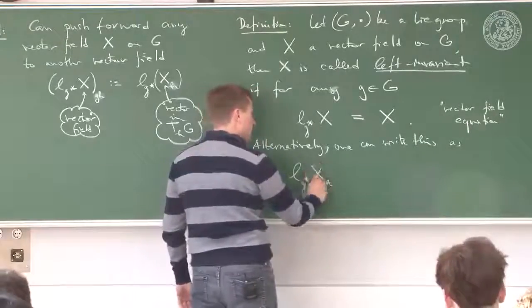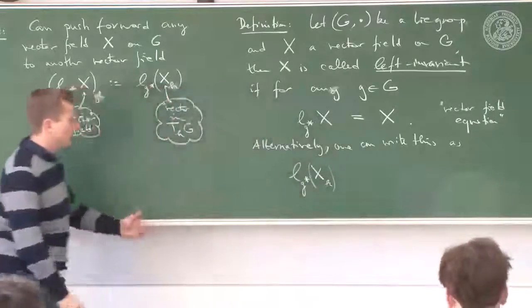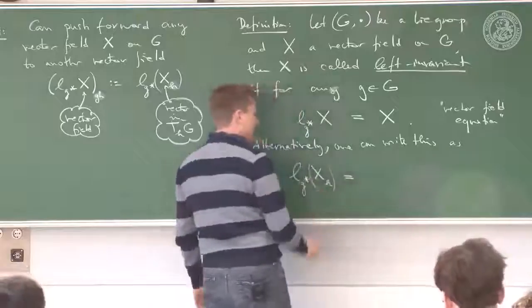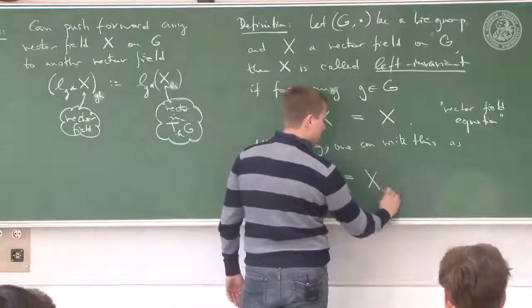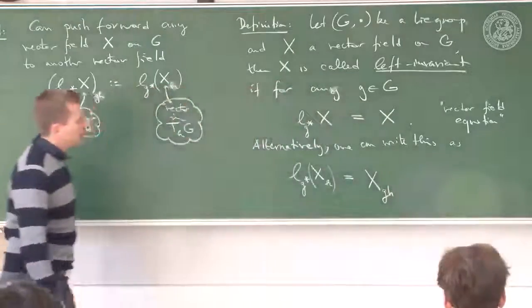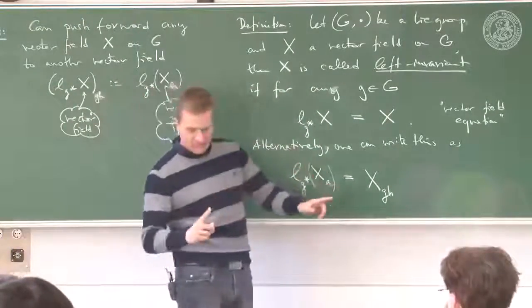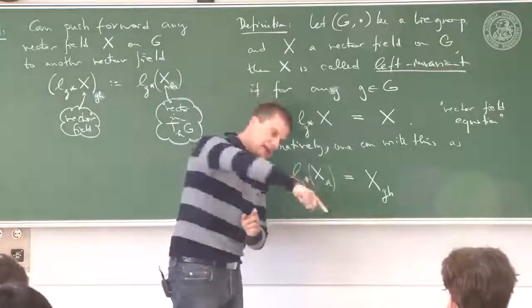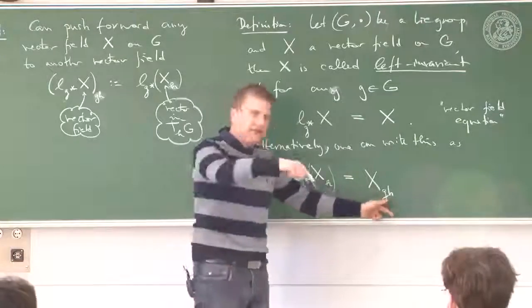Well, you take the vector at the point h, and you push it forward, and the result is of course a vector at the point gh, and indeed you had a vector field, so you can also evaluate it at the point gh, and pushing forward the vector from h to this point gh, the result should coincide with the vector field that's already given there.